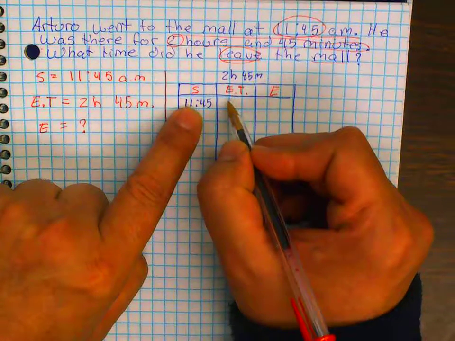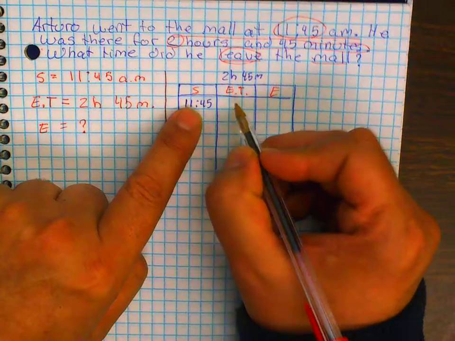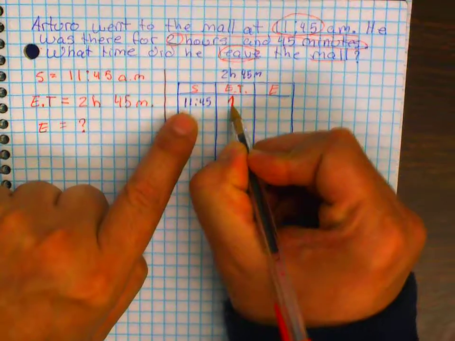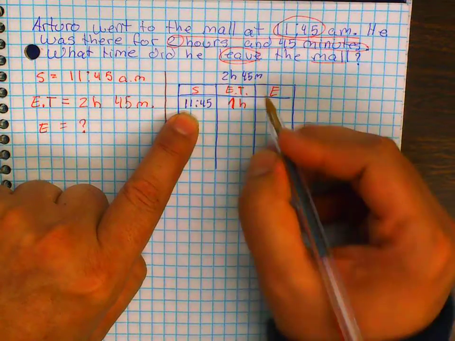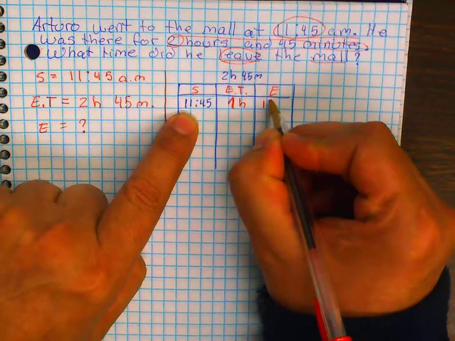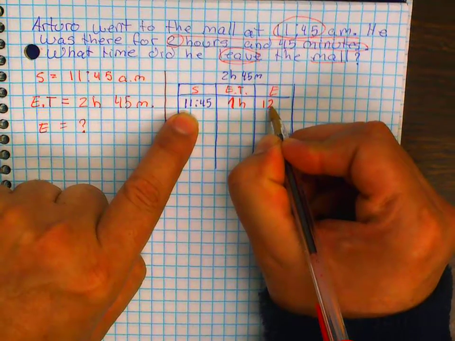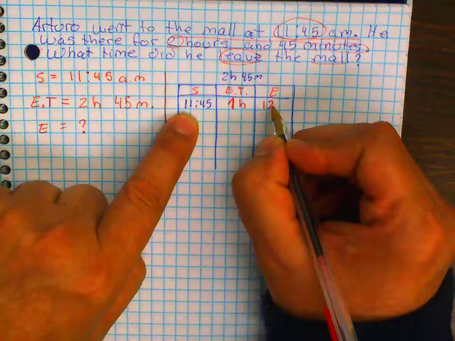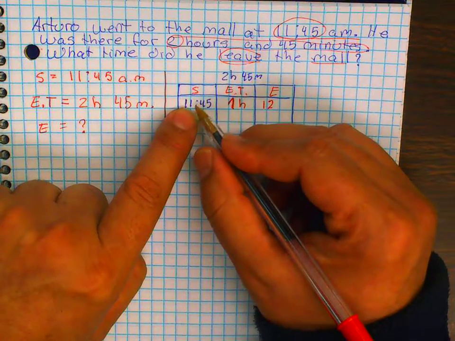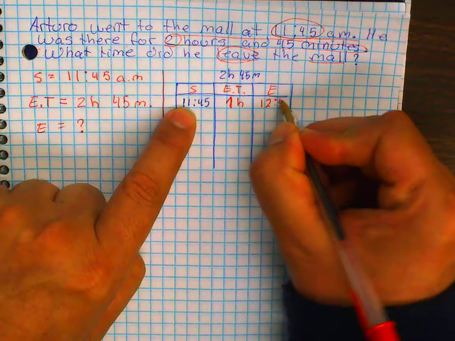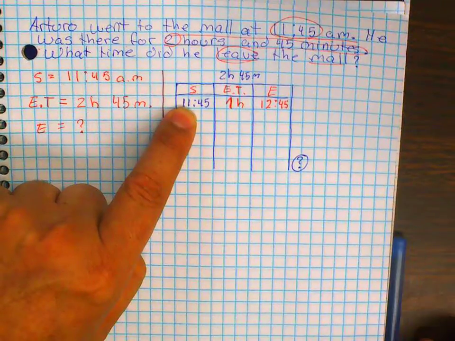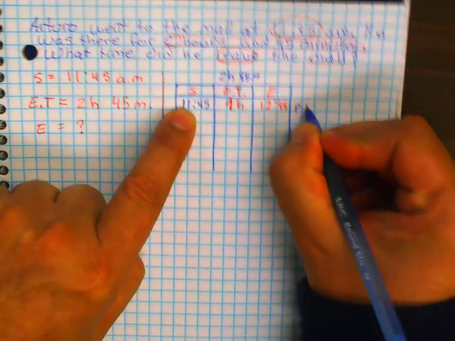So let's say I want to add just 1 hour for now, because I know that if I add 1 hour, I'm going to end up at 12, which is the time that the AM changes to PM. So if I add an hour to 11:45, it will be 12:45, and that will be already PM. I put PM here so I can remember.